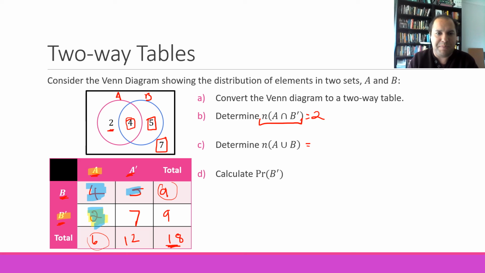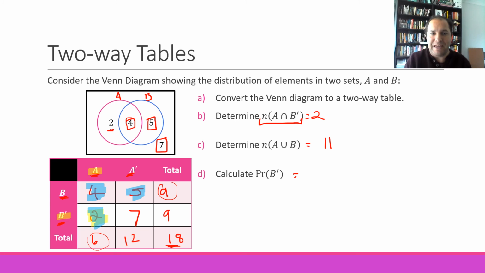And this one's a B, but not an A. We can use all of these numbers because they're A or B. They're in our union. Adding all those numbers up, we've got 2 and 4, which is 6, and 5, which is 11.